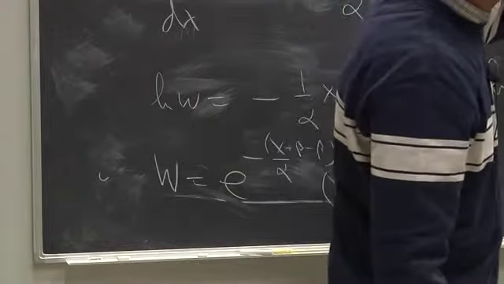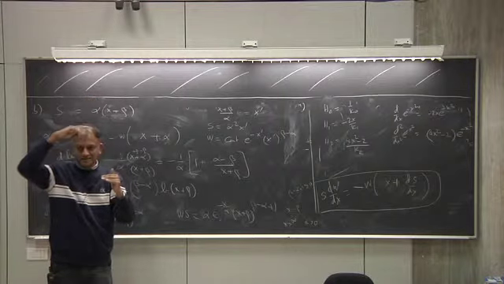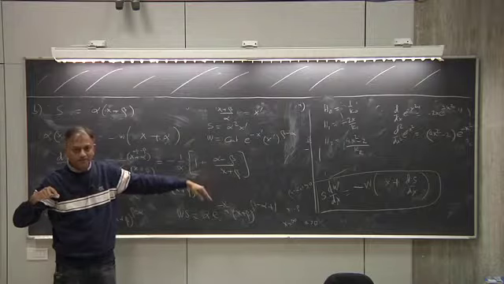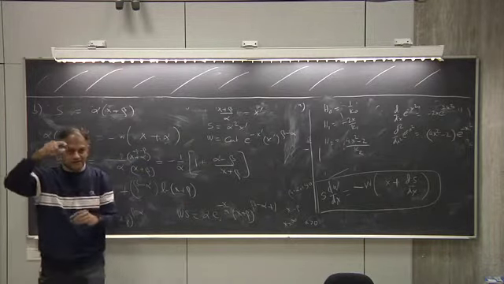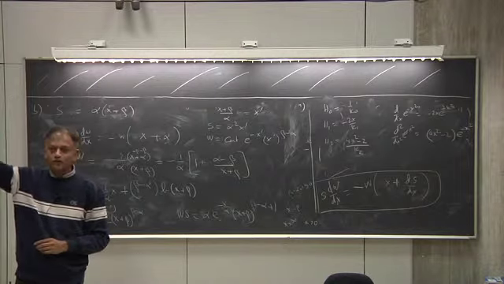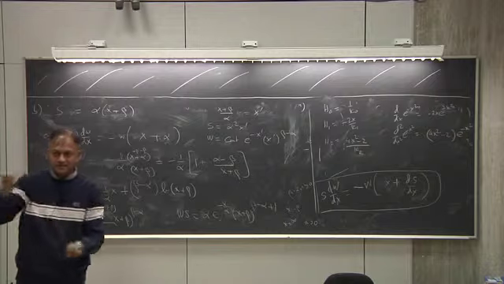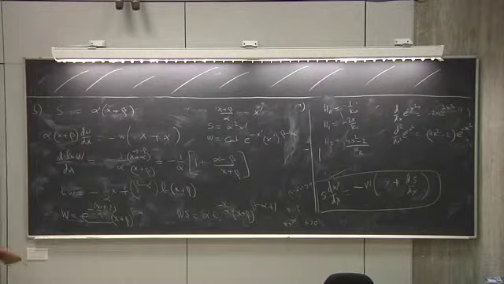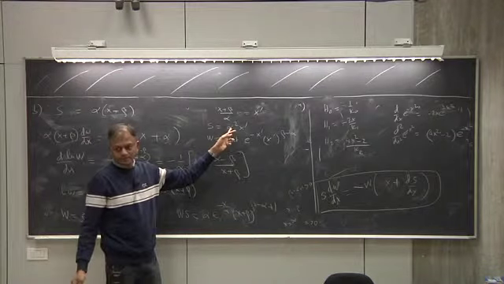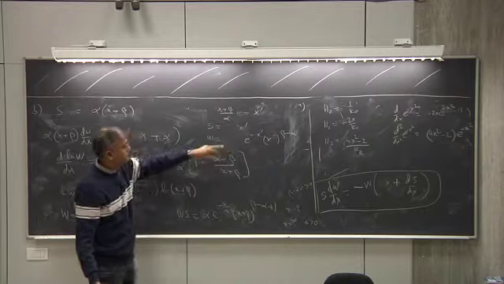And the constant is irrelevant because W appears in the numerator and denominator in the definition of Cn, which was defined as 1 over W times the n-th derivative of W times s to the n. So if you multiply W by a constant, it doesn't matter. This other constant is also irrelevant because it can be absorbed in the Kn. So I can as well put this constant as 1 and this also as 1.